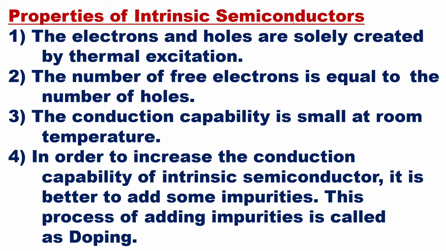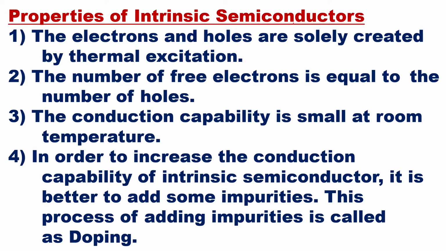The process of adding this impurity is called doping. This is an important phenomenon, because we cannot depend only on temperature: at room temperature it does not give a correct conductivity property, and its conductivity capability is very small.